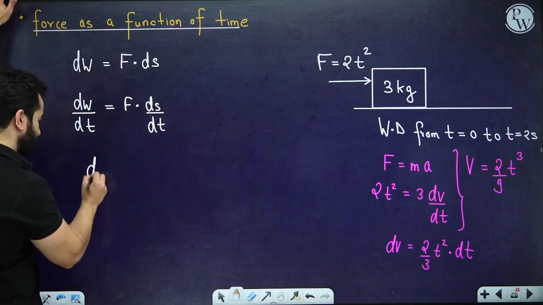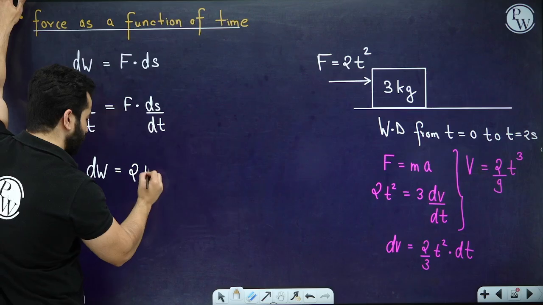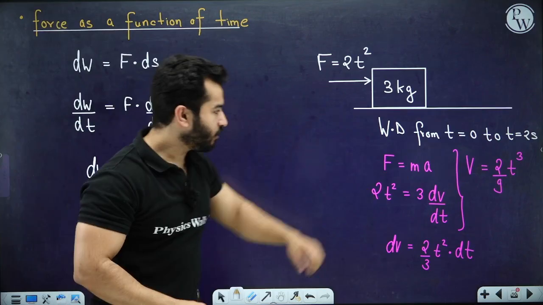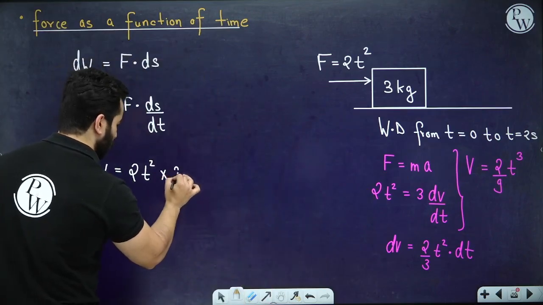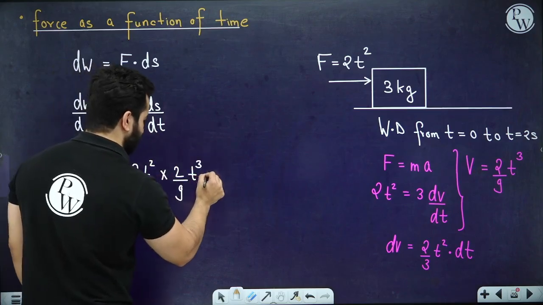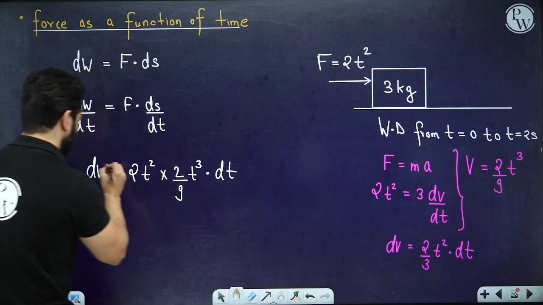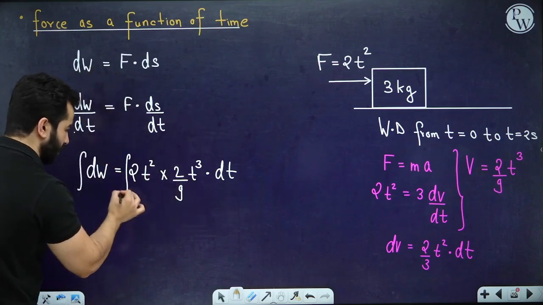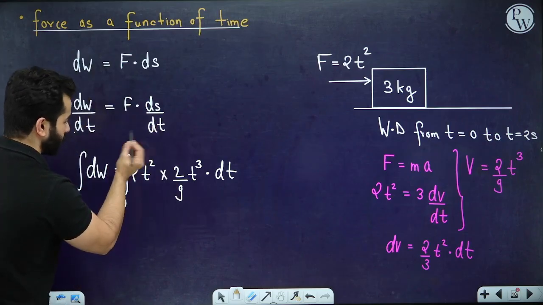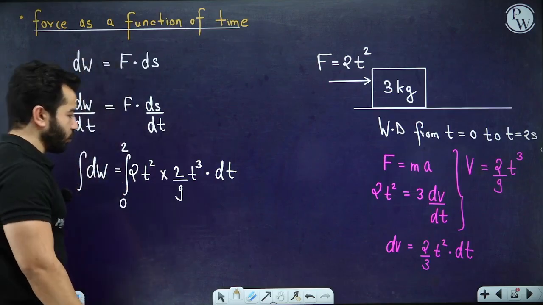So I'll rewrite it as dW equals F. Instead of F, I'm going to write 2t square, and instead of ds by dt, I'm going to write v, and v is coming out to be 2 by 9 t cube, times dt over here, and then I am going to again integrate it. I know it's a lengthy process, and we are going to integrate it from 0 to 2, I think we have got time as 2, if I'm not wrong, right? So this is what we are going to do.